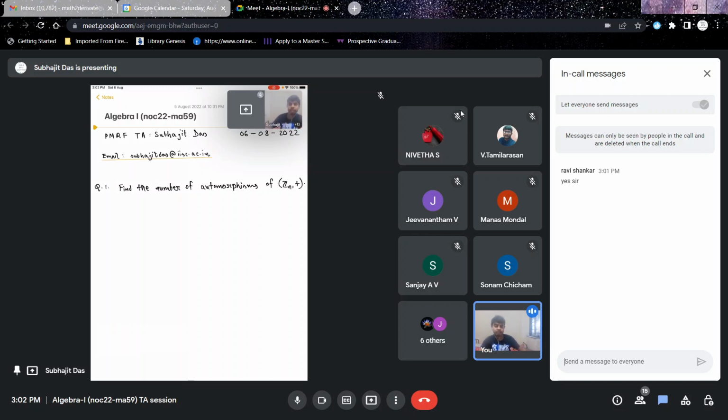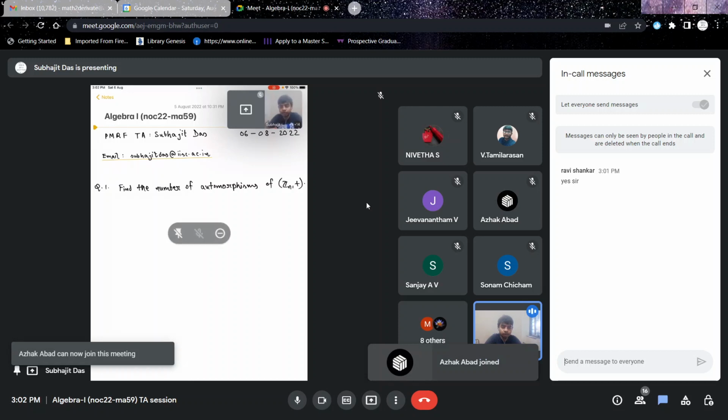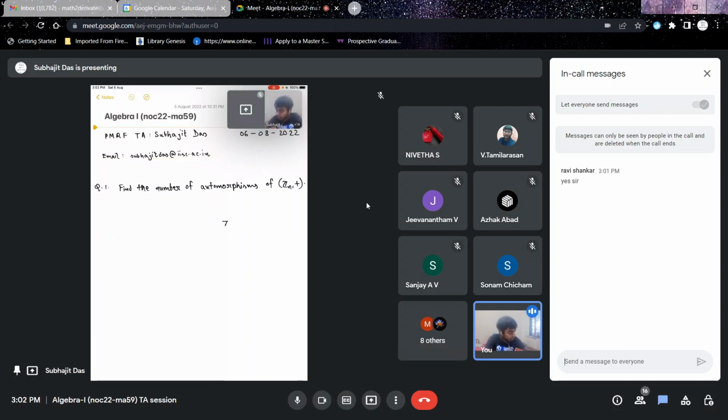In case you don't know, let me recall what automorphisms of a group actually mean. You take a group, let's say G. If G and H are groups, you know what a homomorphism from G to H means, right?